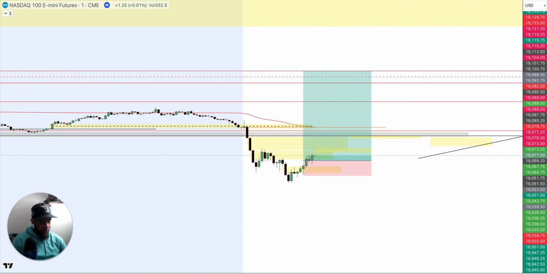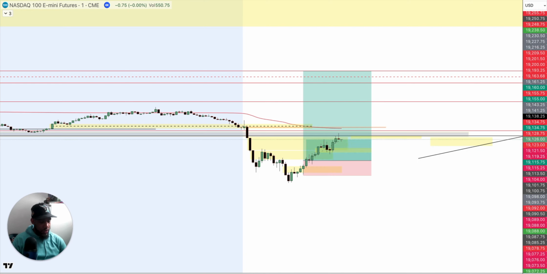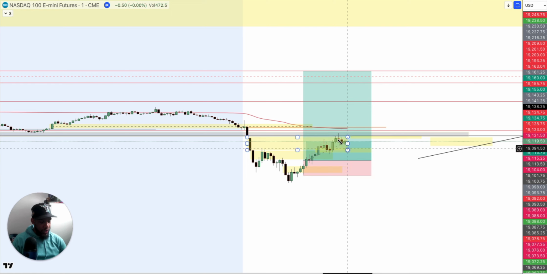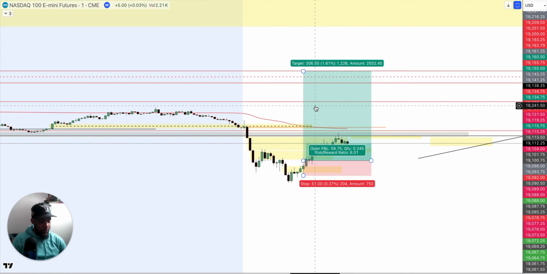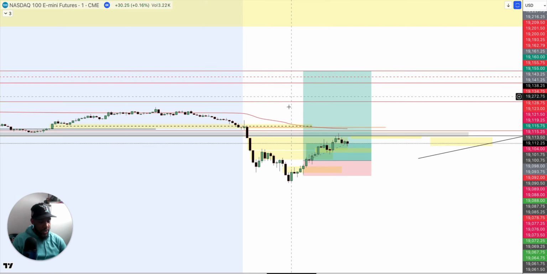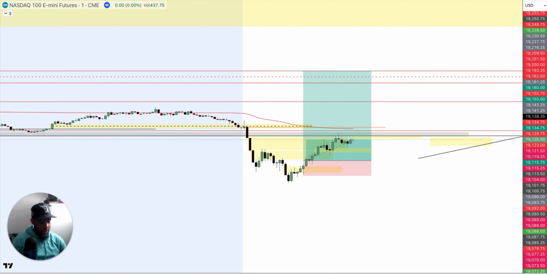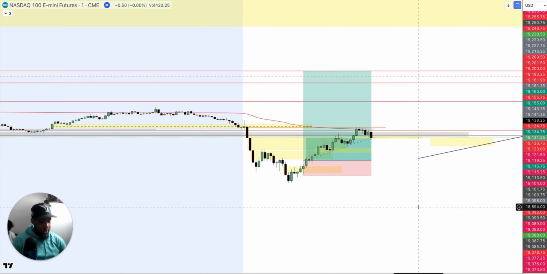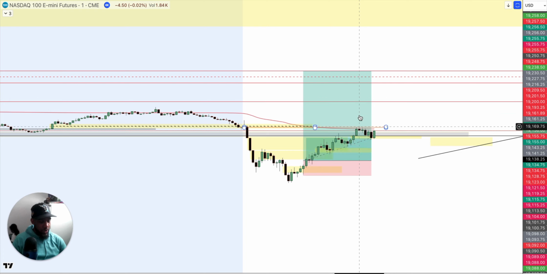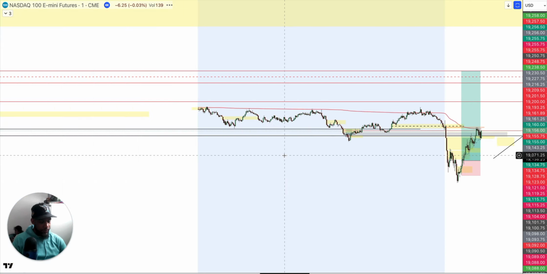Okay, so price rolled up, and it goes into this breaker right here. Now, of course, I'm targeting Asian highs, but I took profit here and got out of the trade as it failed to close above this breaker.